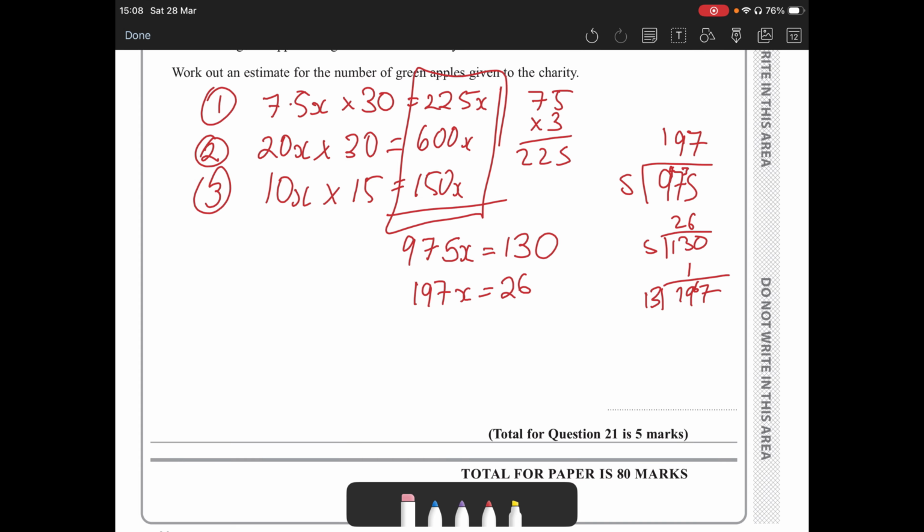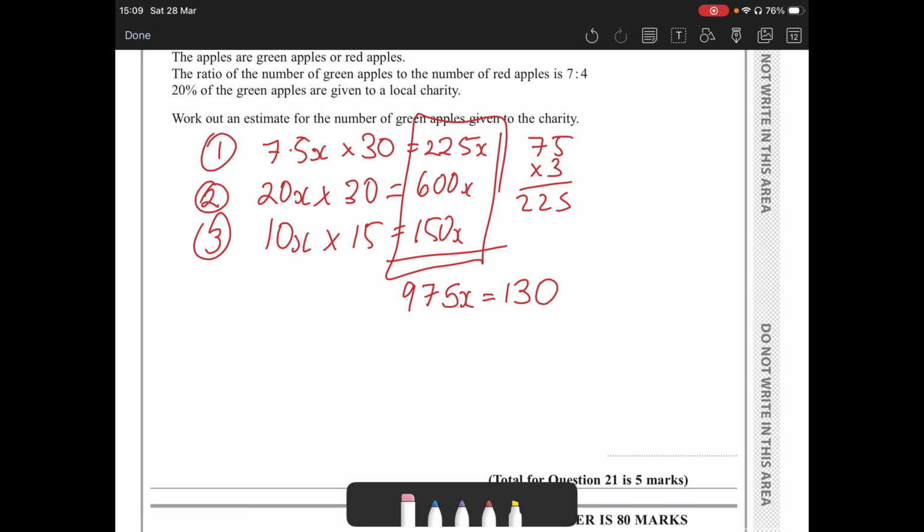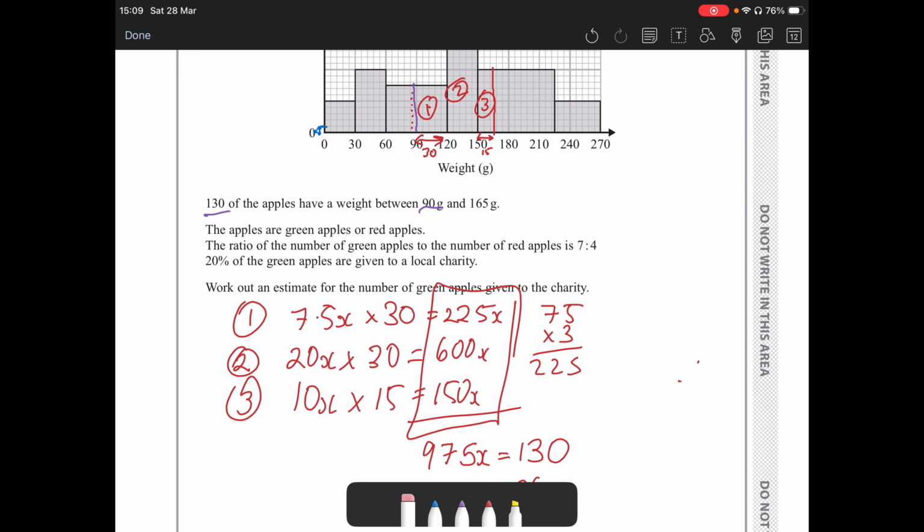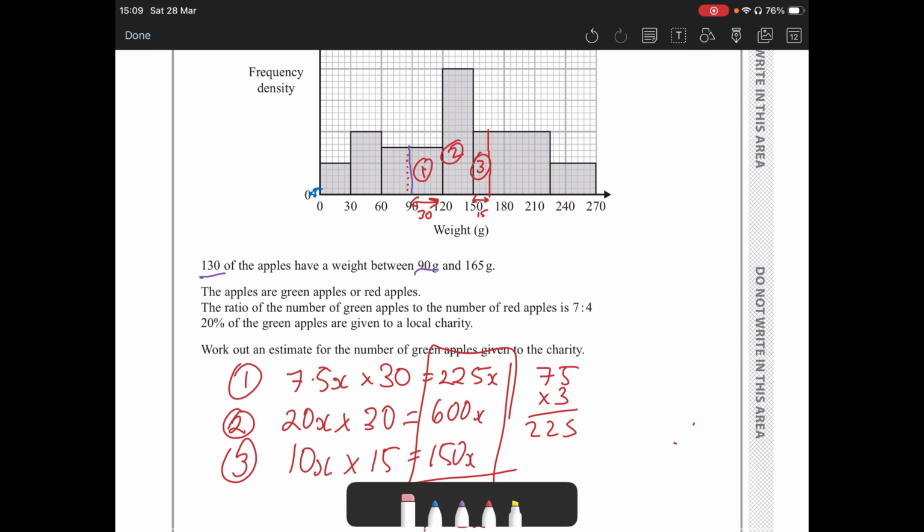No. Have I gone wrong somewhere? I bet I made a silly mistake somewhere, haven't I? I feel like I'm doing something really, really silly. I just haven't picked up on it yet.